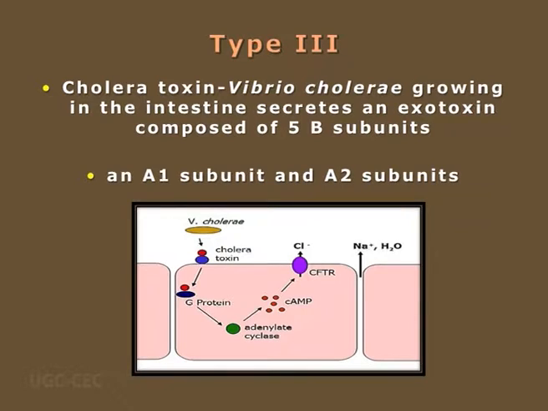Now, another important type of toxin, and we have just mentioned it previously in our discussion, is the cholera toxin produced by Vibrio cholerae. The cholera toxin has 5 B subunits and an A1 and A2 subunit.